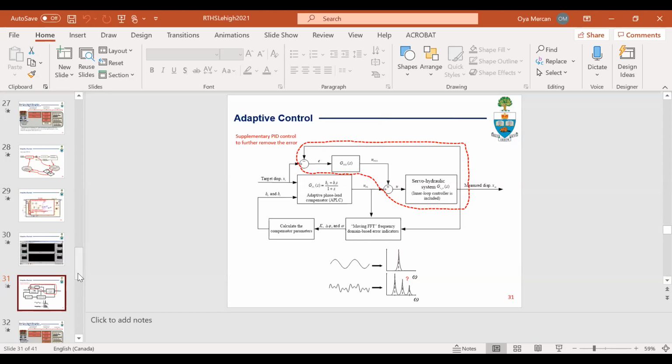So the synchronization is quite manageable in different platforms. We have done it in dSPACE also, as well as the NI platform.